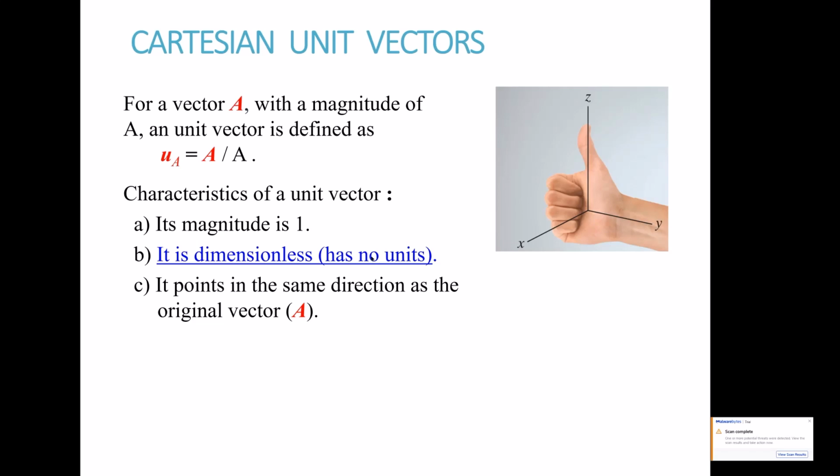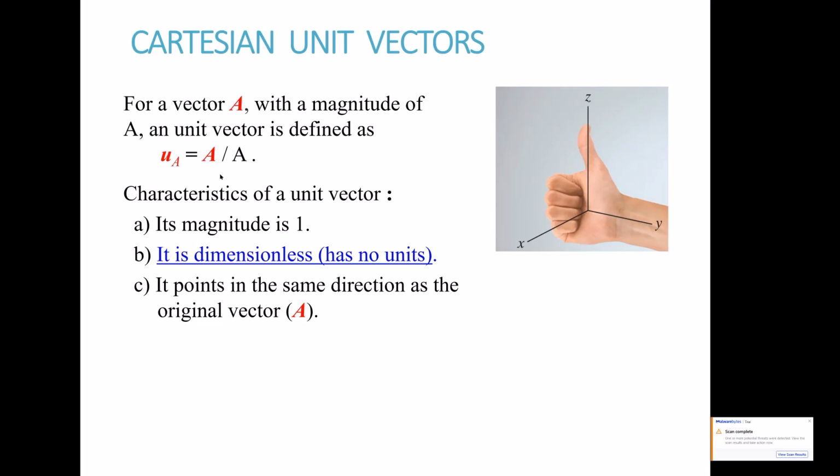Thus far we looked at the i and j unit vectors, i telling us that we're in the direction of the x-axis, and j telling us that we're in the direction of the y-axis. Some things to pay attention to: the magnitude of the unit vector is 1, it has no dimensions, and it points in the same direction as a vector.